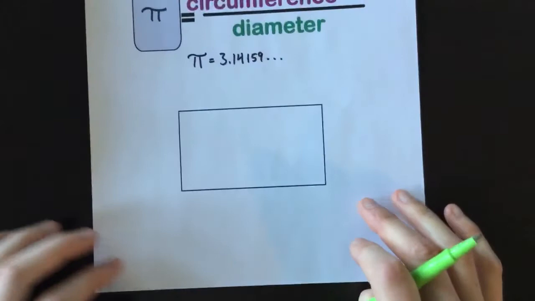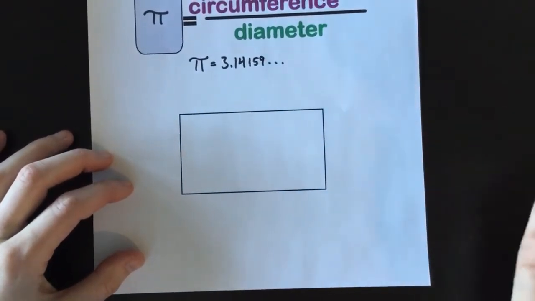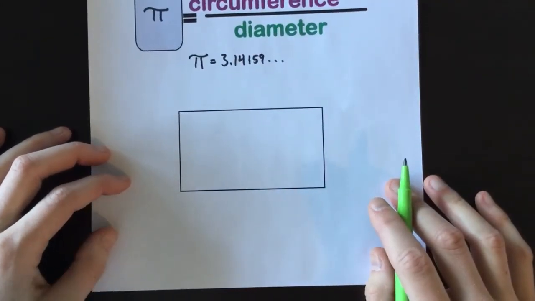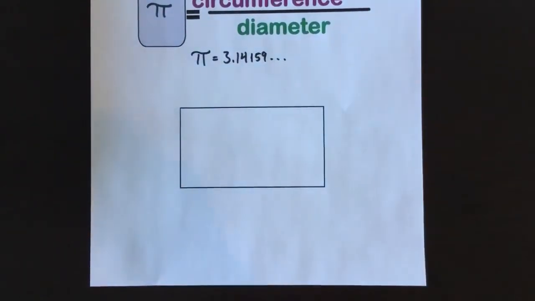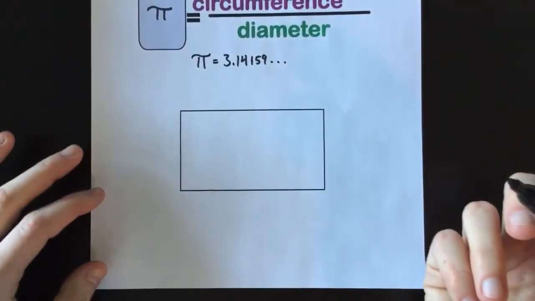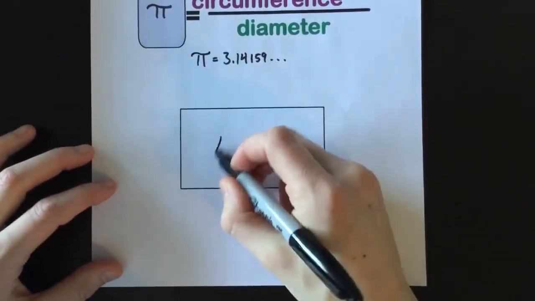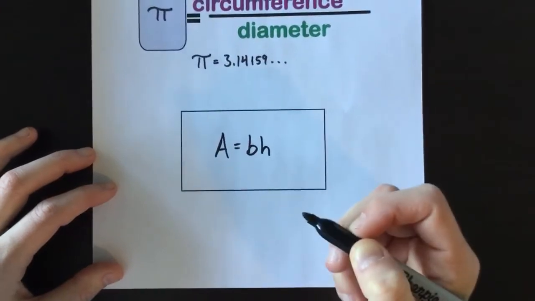Okay? Now let's talk just for a moment about area. So something we should remember, area is the area inside of a figure. Here I have a rectangle, a parallelogram, a quadrilateral, whatever you want to discuss it as. And we should remember from our earlier studies of geometry that to find the area of a rectangle, a parallelogram, we're going to do area is equal to the base times the height.